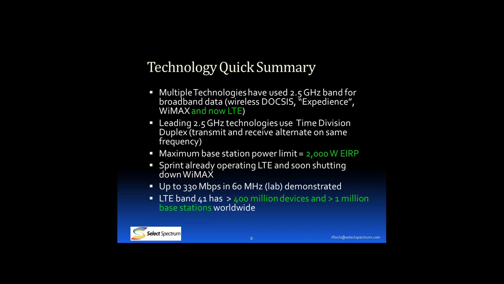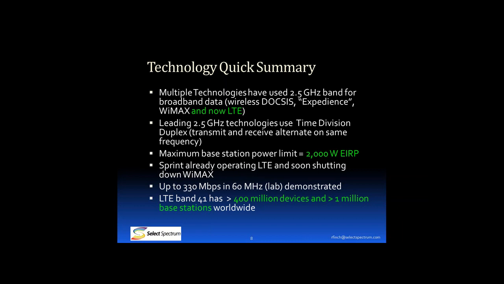So all of these technologies use time division duplex, which means you're using the same channel to transmit and receive. Obviously at the speed of light, it's an alternation. There's a small buffer. The user, whether you're using it for streaming or voice services, even gaming, is not going to notice that delay. It's still very low latency overall.